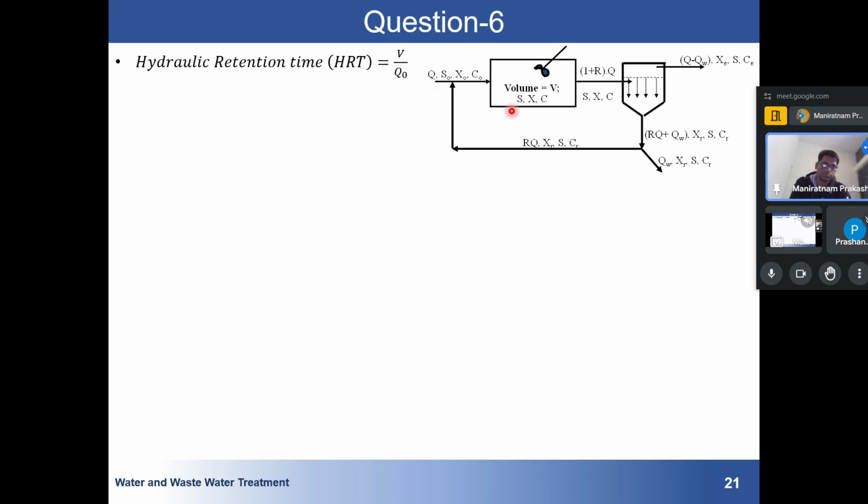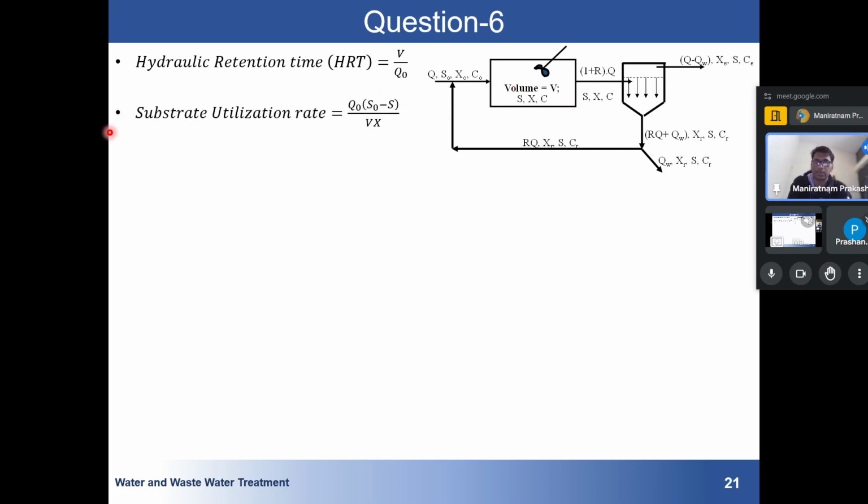That is a very obvious thing: if the volume is V and flow is Q naught, then the hydraulic retention time will be V divided by Q naught, meaning at what rate the water is coming into the system.